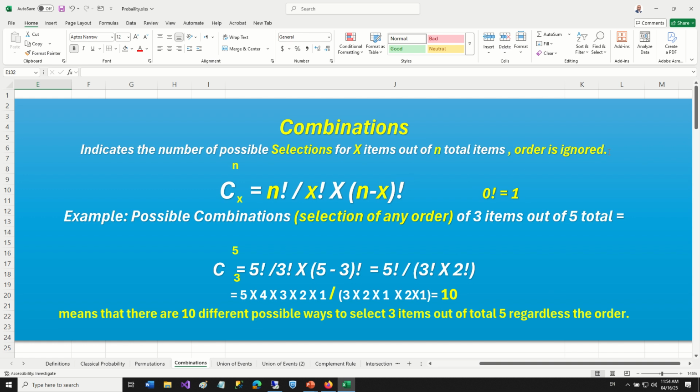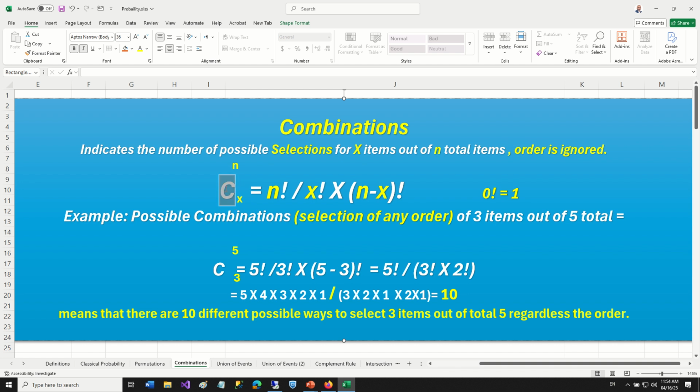Order is ignored, which is very important. For example, if you are selecting 3 persons in a group, you are just selecting 3 persons and you don't care who is coming first. You don't care that the names are written or announced in a certain order. You just put the 3 persons in a group and that's it. So it is a selection, not an arrangement by order.